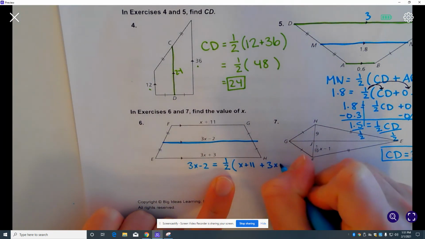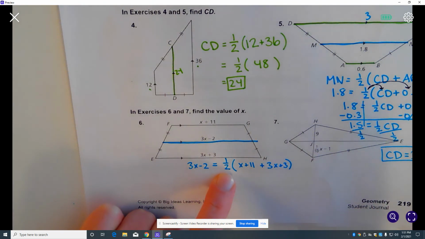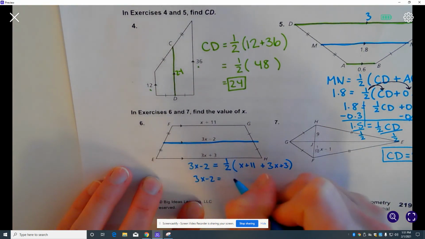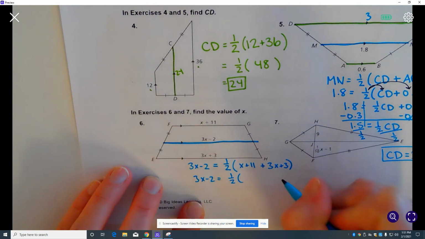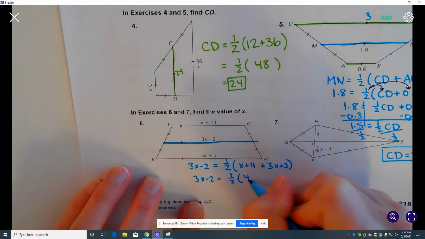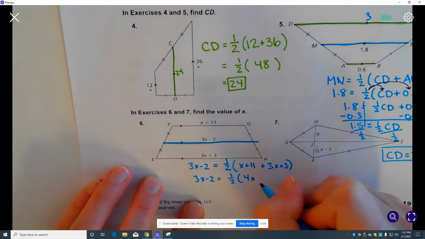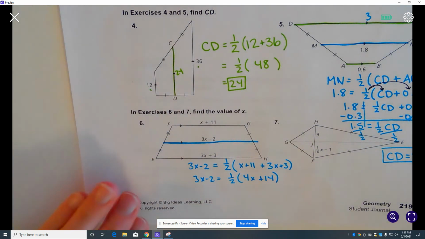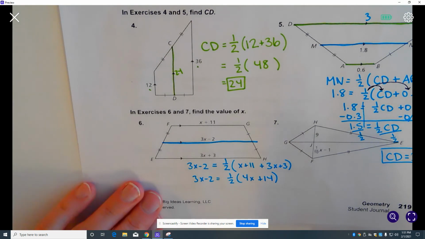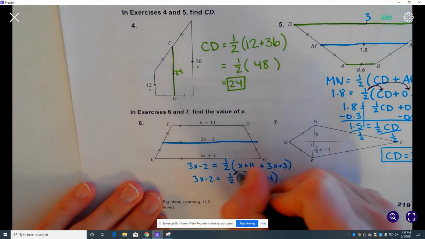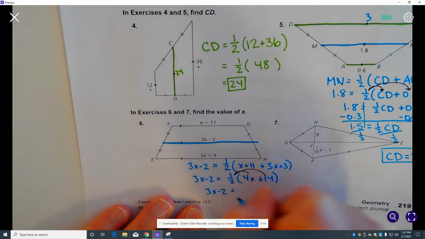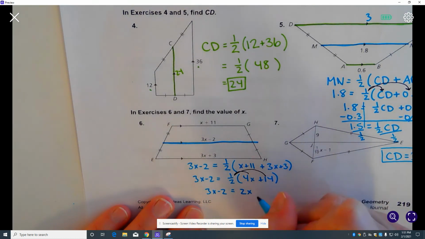3x plus 3. I'm going to simplify what's in parentheses here. x plus 3x is 4x. 11 plus 3 is 14. Now I'm going to go ahead and use that distributive property to get rid of the parentheses. 1/2 times 4x is 2x. 1/2 times 14 is 7.